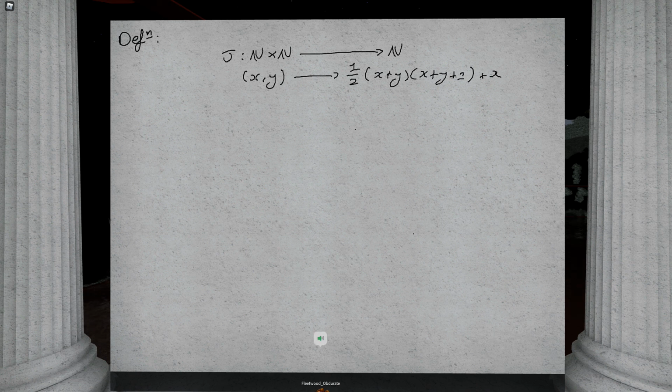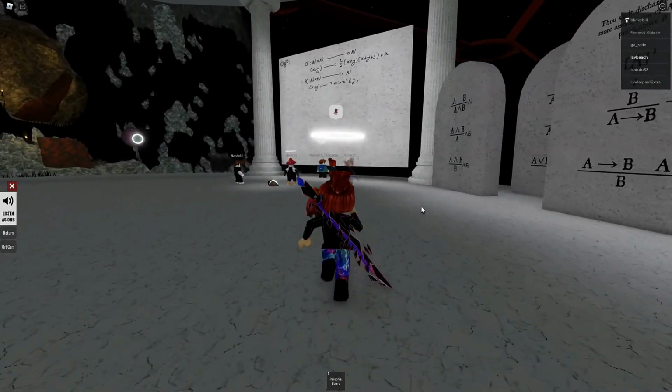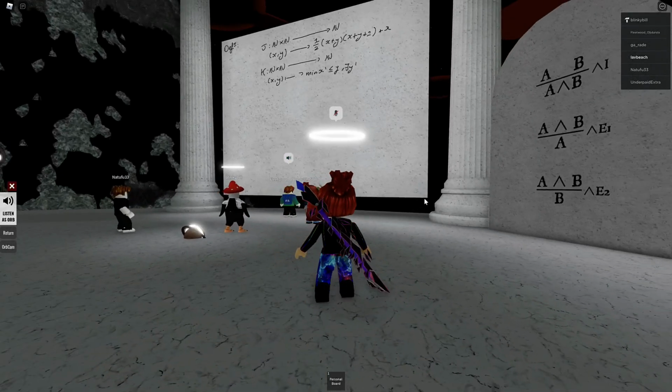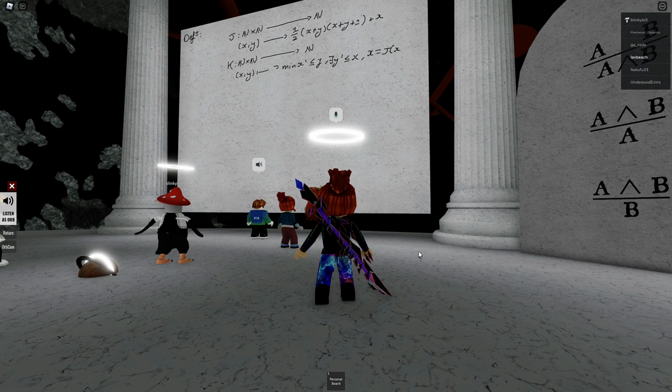And then I also need to be able to extract from this what x and y are. So I need projection functions. And these are defined as follows. So we take the minimal x prime less than or equal to y, such that there exists a y prime less than or equal to x, where x is equal to J of x prime comma y prime.